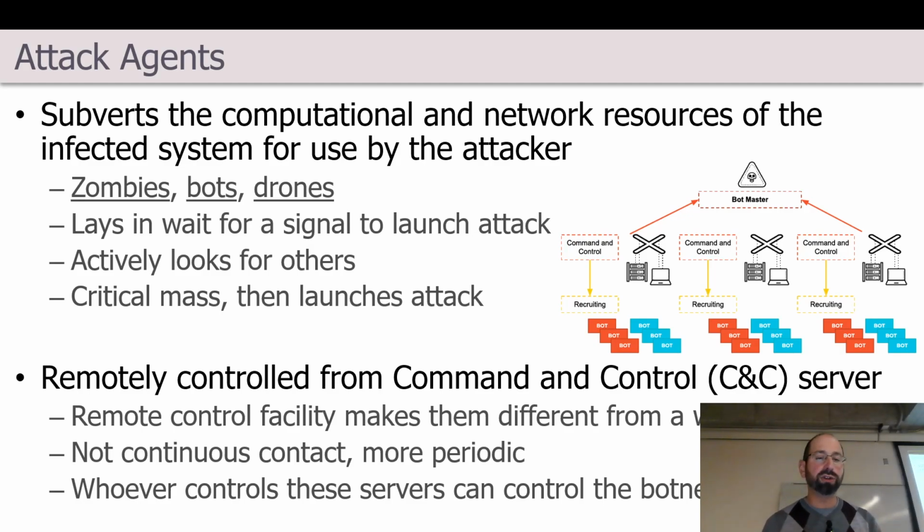It doesn't need to be continuous. I don't need to be logged into a remote shell to be able to tell this malware what to do next. They are designed to periodically check for what their next command needs to be. That then allows these botnets to be effectively provided as a service as well, right? We have that many orange and blue bots in the diagram here.